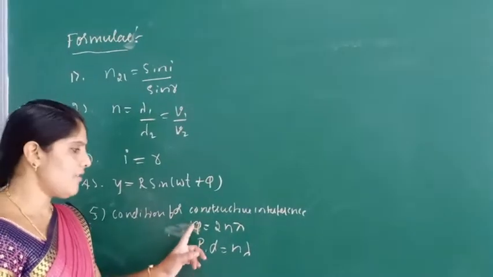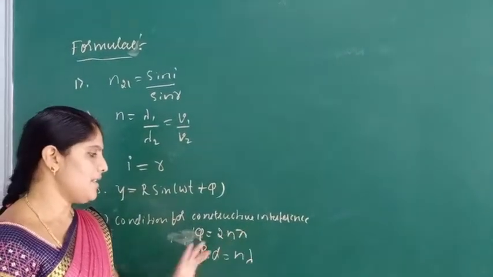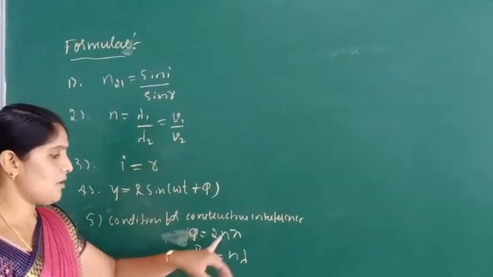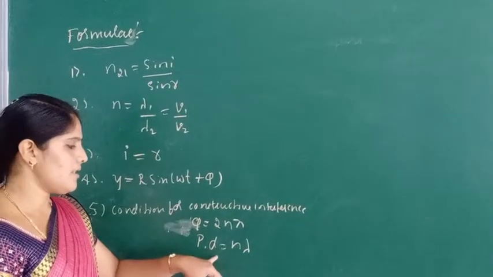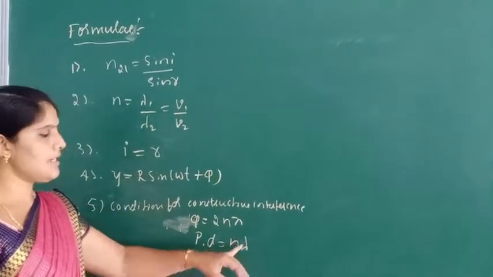Here phi is the phase difference, n is an integer, and pi is 3.14. The path difference is n lambda, where n is an integer and lambda is the wavelength of the light.